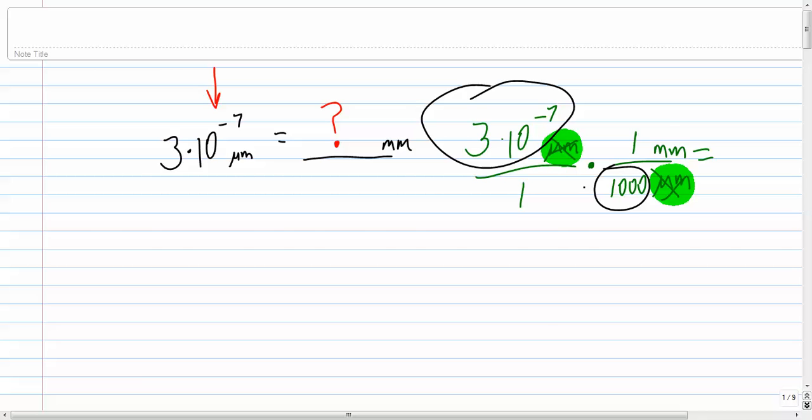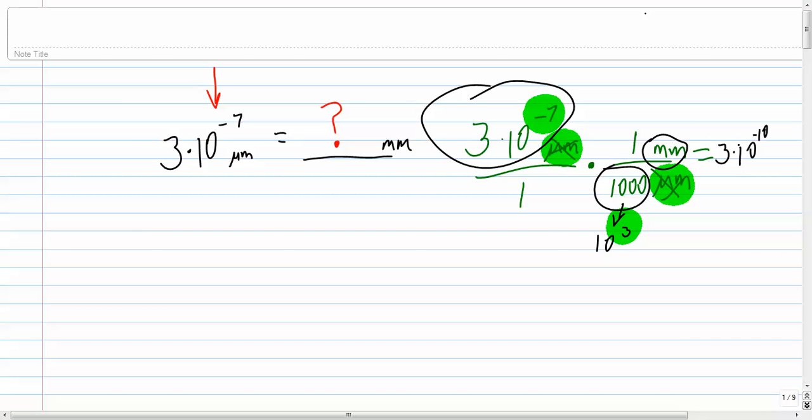If you're going to divide by a number, then you're going to slide the decimal to the... Anybody know? Anybody remember? What's this? 1,000, that's 10 to the 3rd, right? So we're taking negative 7th divided by 3rd. What do we do there? We subtract, don't we? So negative 7 minus 3 is negative 10th. So I think my answer is going to be 3 times 10 to the negative 10th.